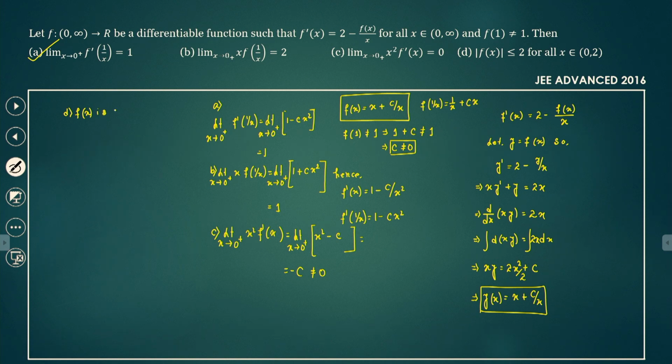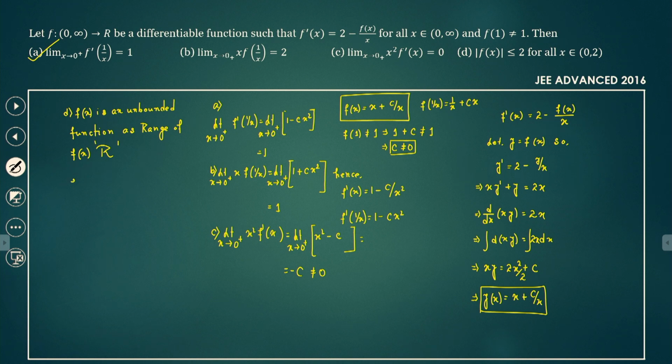So therefore we'll say that f of x is an unbounded function. Why? Because the range of f of x is definitely all real numbers.